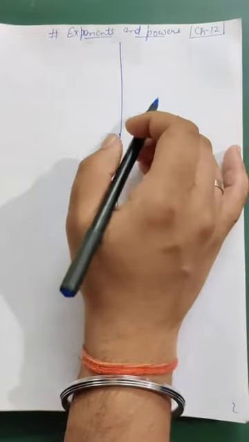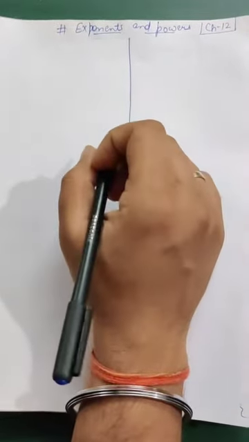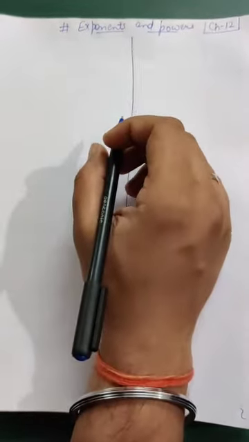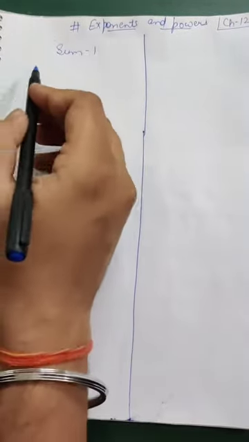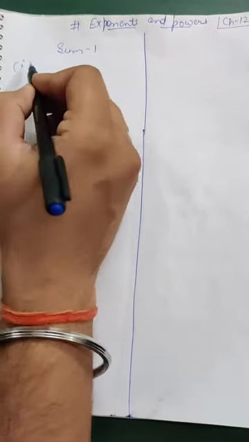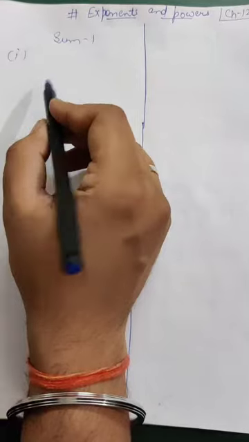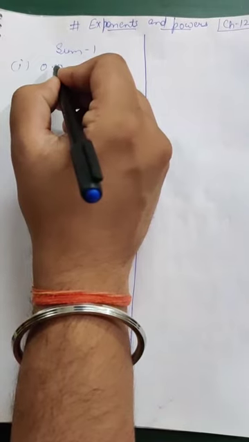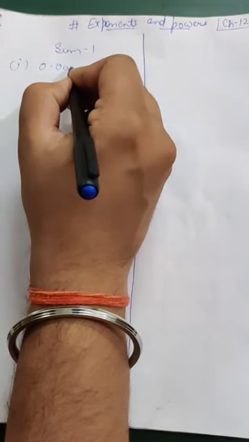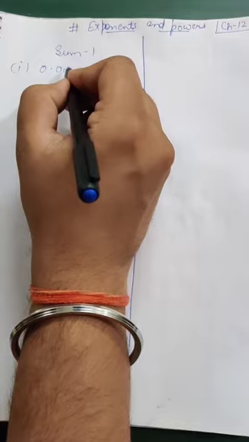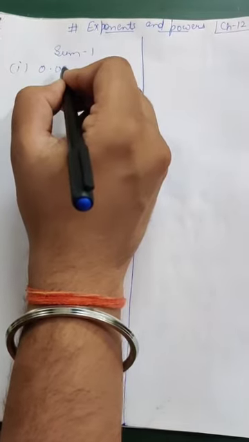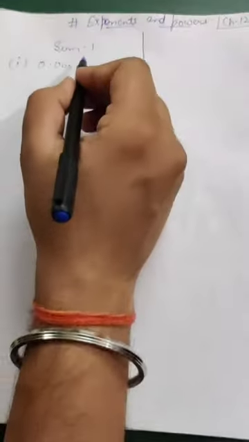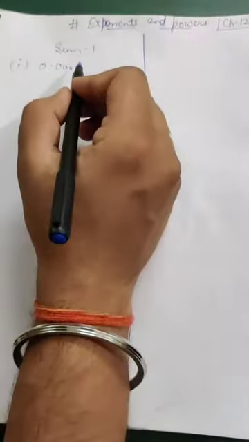Now in the second exercise, the first sum is we have to express the following given numbers in the standard form. The first part is 0.000... wait, let me count how many zeros are there.